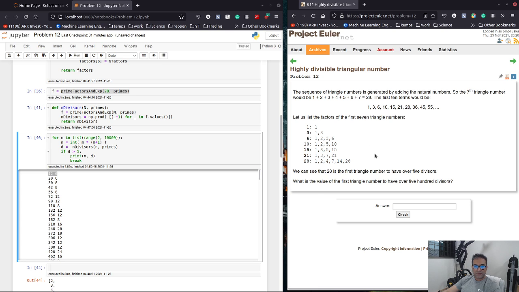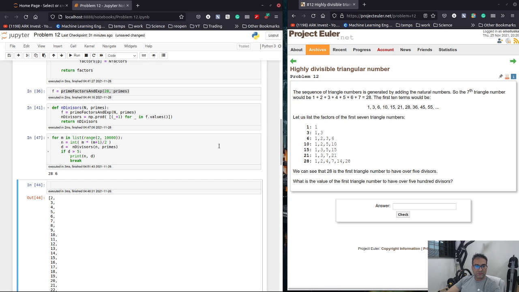Where is it getting 12? Like I need to divide by 2. 28 has 6 divisors. 28 is the first triangular number that has over 5 divisors.